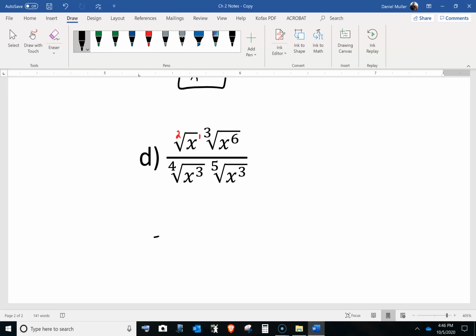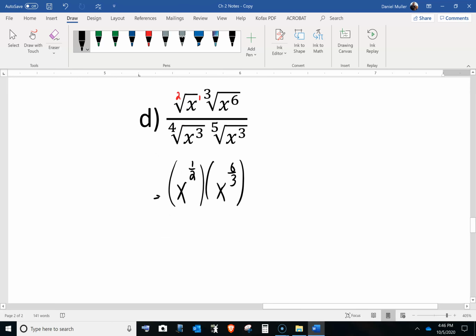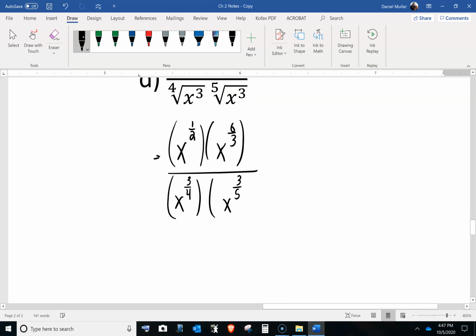Okay, so we've got x, we have a 1 over 2, and let's try this other one, x, which is a 6 over 3. And then x, this is a 4, so 3 over 4. And then x, 5 is on the bottom, so 3 over 5.